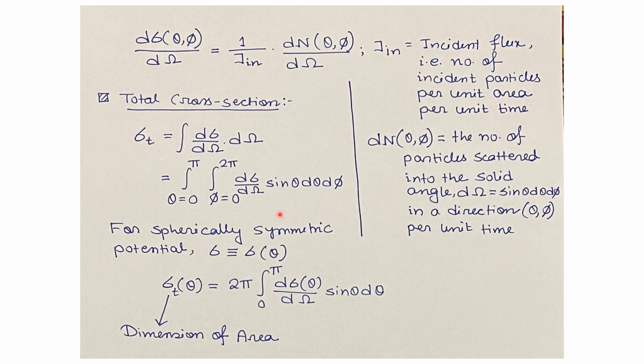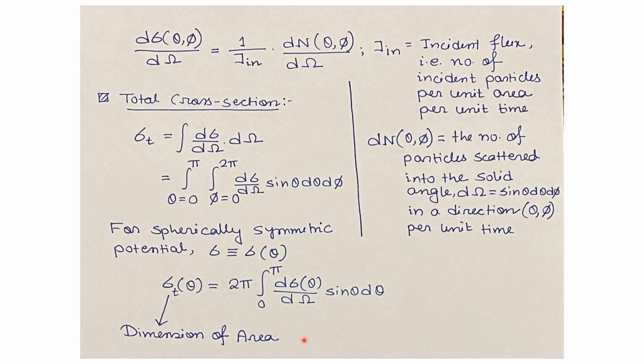Hence our total scattering cross section will also be a function of theta only, not phi. So for this special case, the total scattering cross section sigma t will be 2 pi times the integration over theta from 0 to pi of d sigma d omega as a function of theta times sin theta d theta. Here 2 pi is coming from the integration of phi from 0 to 2 pi.